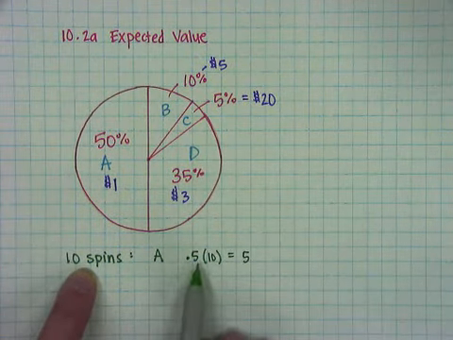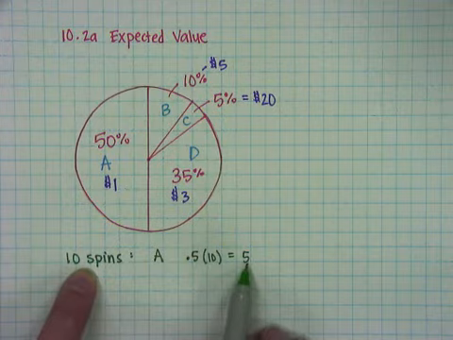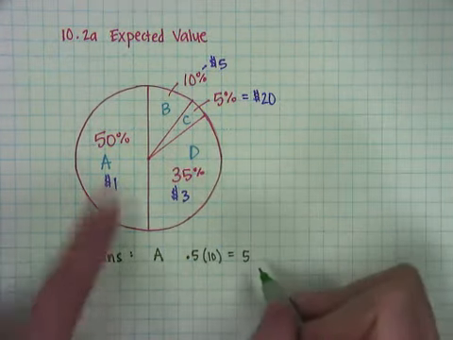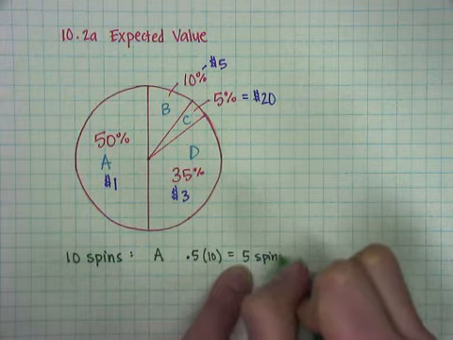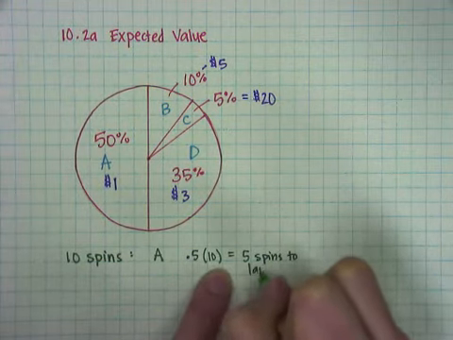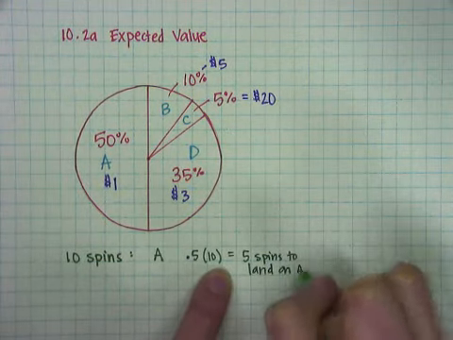Half of 10 is 5, so I would expect 5 spins to land on A.